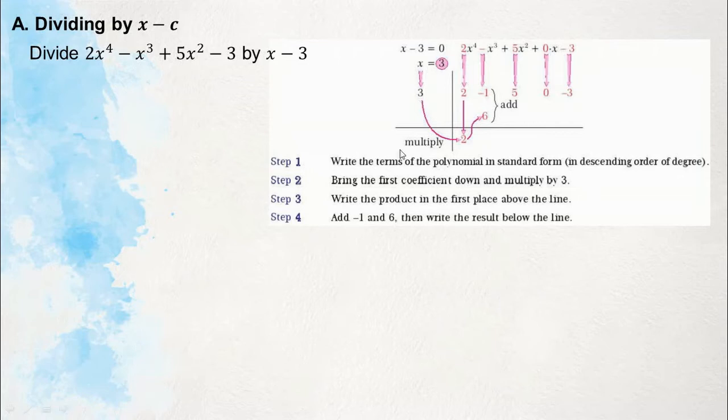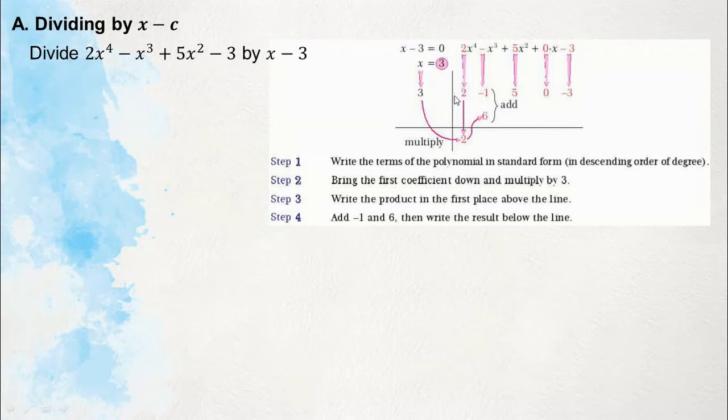And then step 1, write the terms of the polynomial in standard form. Standard form means the descending order of the degree. So from here we can see the equation from 2x power 4 is already in descending order of the degree. So we just need to write their coefficients.